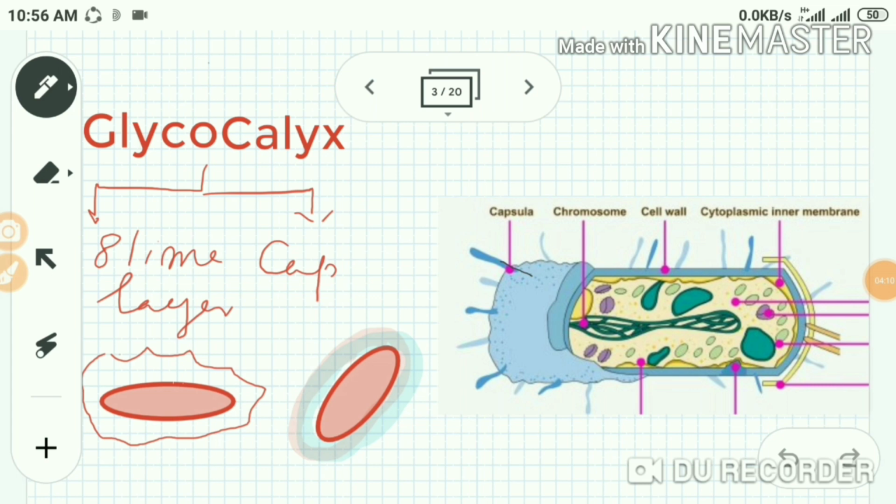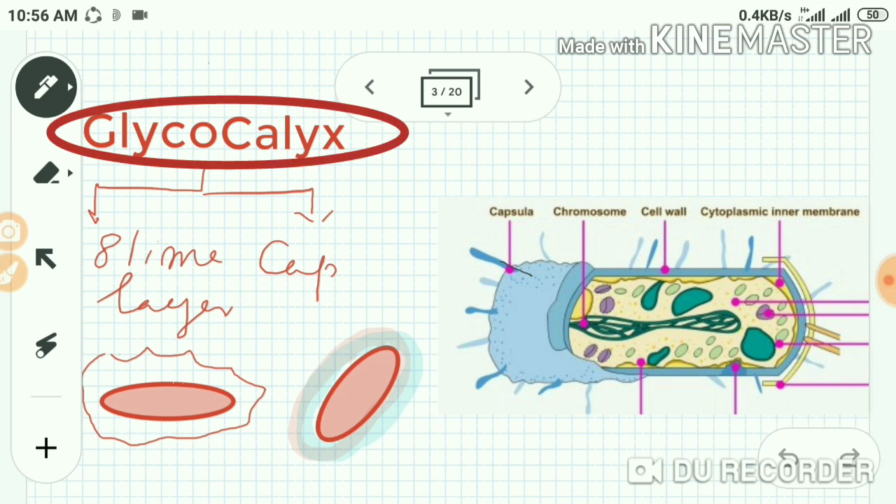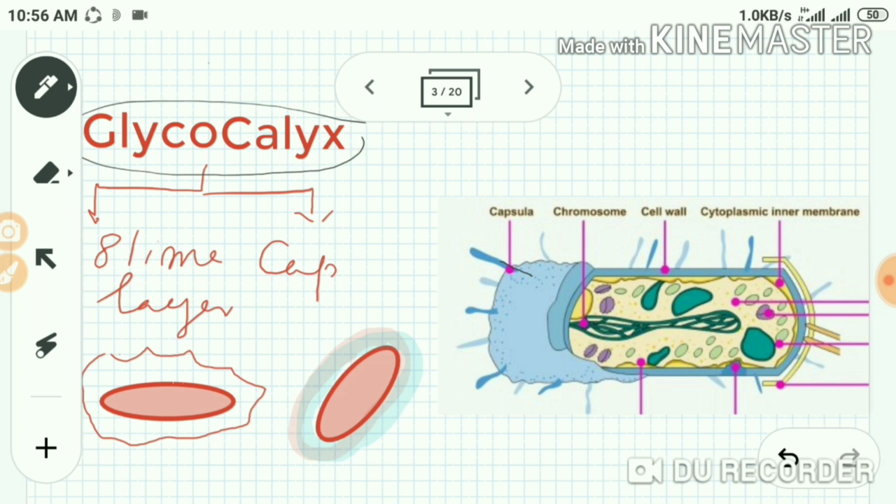The next structure of the bacterial body is the glycocalyx. What is glycocalyx? What is the meaning of the name? Glyco means sugar, that we know. Calyx means the outer cover. So it's a sugar cover. It is something like a jacket which gives extra protection to the bacteria.